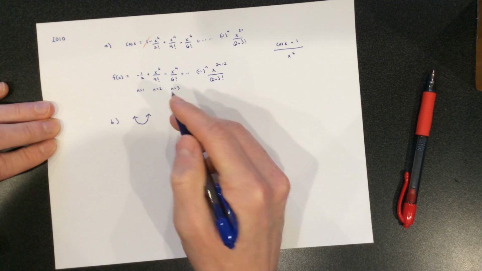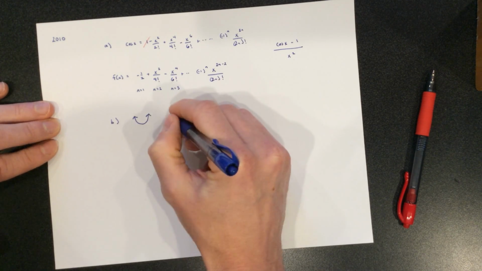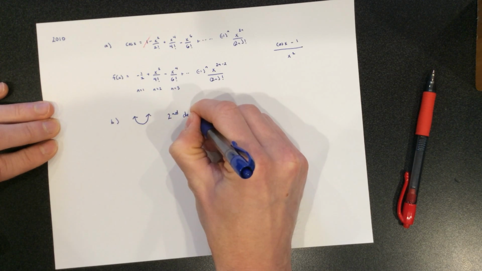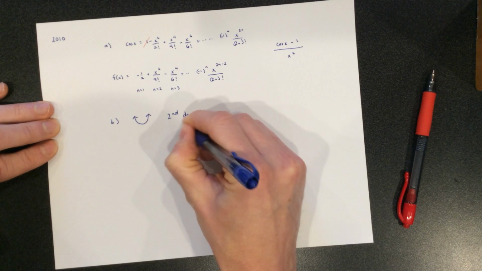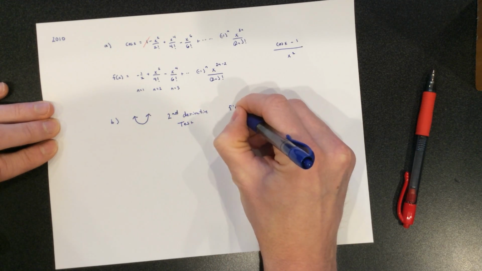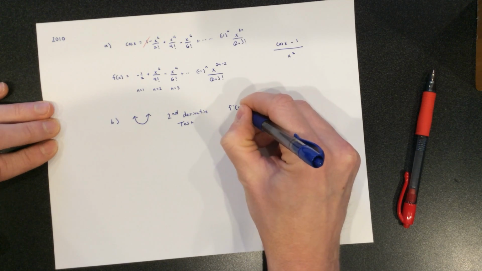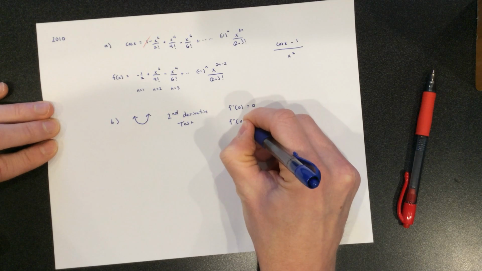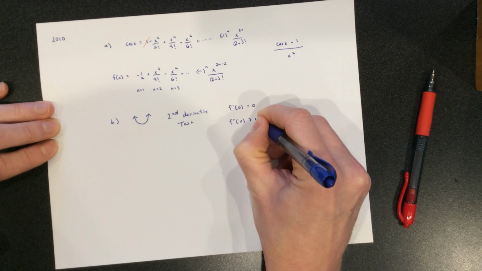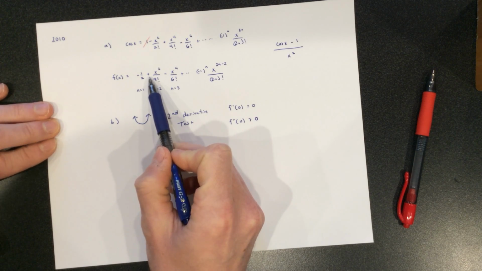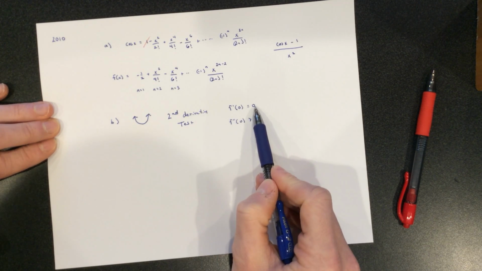And so really what they want you to show here is the second derivative test. The second derivative test says this. We know that f prime of 0 is 0, and we know that f double prime of 0 is positive. And how do we know that? Well, first of all, there's no linear term here, which means that the first derivative has to equal 0.